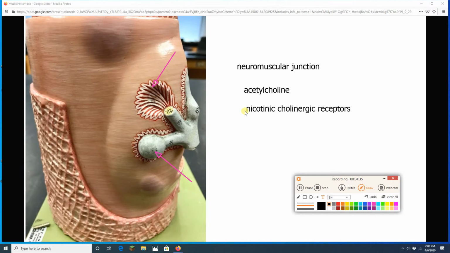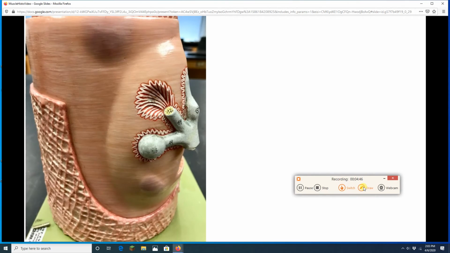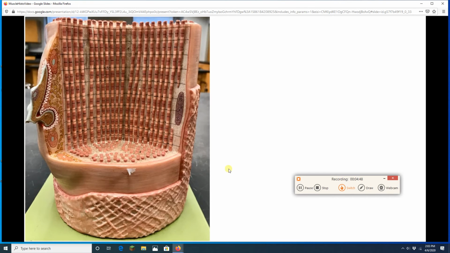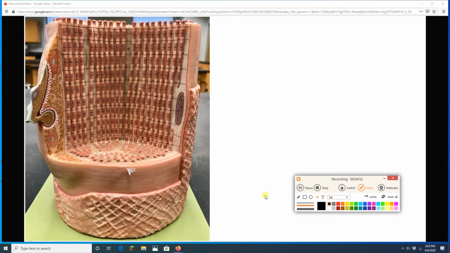Okay, what else do we see? Of course, we can see the endomysium over here. We can see the sarcolemma as well. Let's spin this guy around and take another look. Now we got the interior. I can still see a lot of stuff that I met before. I see my endomysium. I see my sarcolemma. I see a nucleus right here.